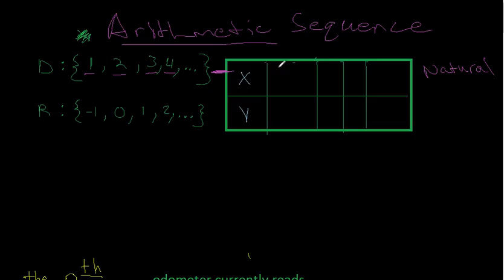Think about when you started counting. The natural numbers were 1, 2, 3, 4, 5, 6, right? So we got x is 1, 2, 3, 4, and it goes in that sequence. The smallest value has to be a 1 here for x, the domain. The smallest value you can have as a natural number is 1.